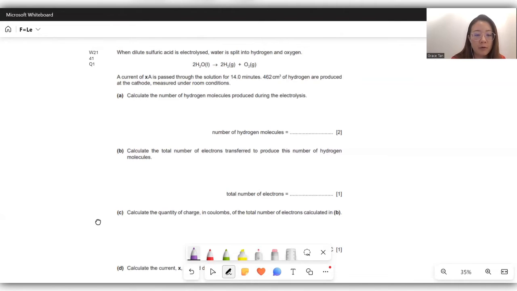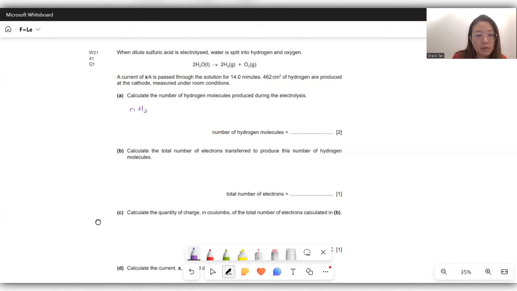Number of hydrogen molecules. When you hear number of atoms, number of electrons, number of molecules, number of ions, these few words fall under the general heading called number of particles. So if you read a question that asks you to calculate number of particles, which includes atom, molecule, ions, electron, it means you need to multiply with Avogadro constant. First, we need to calculate the moles of hydrogen.